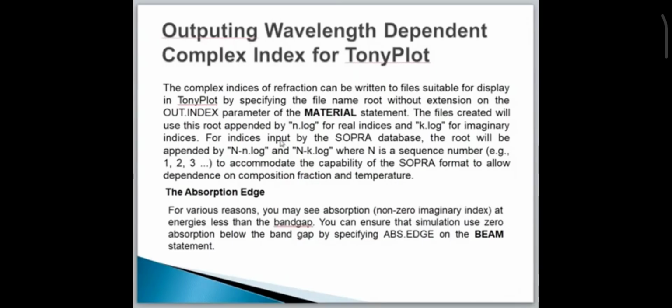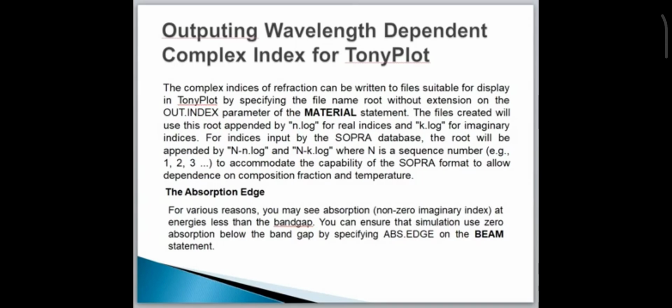Next is outputting the wavelength dependent complex index for the Tonyplot. The complex indices of refraction can be written to a file suitable for display in Tonyplot by specifying the file name root, without extension, in the out.index parameter of the material statement. The files created will use this root appended by n.log for real indices and k.log for imaginary indices.